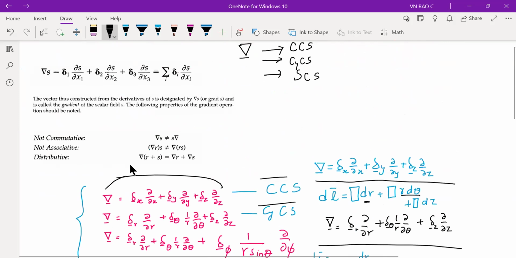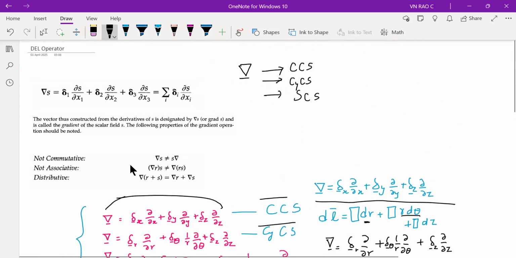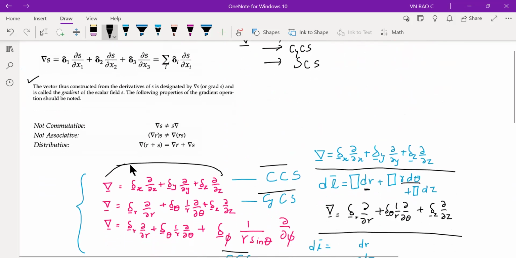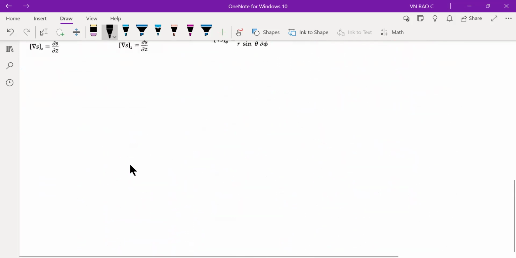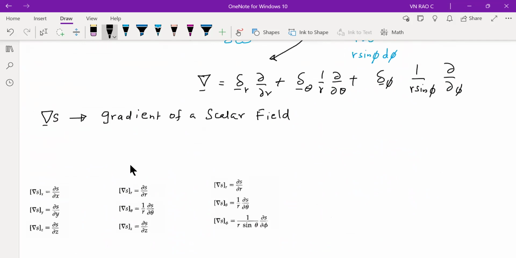So how is the gradient of a scalar field written? The vector thus constructed, you can see the definition here. The vector thus constructed from the derivatives of s is designated as del s. Let me take the three directions of this. Suppose we are writing in terms of Cartesian coordinate systems.